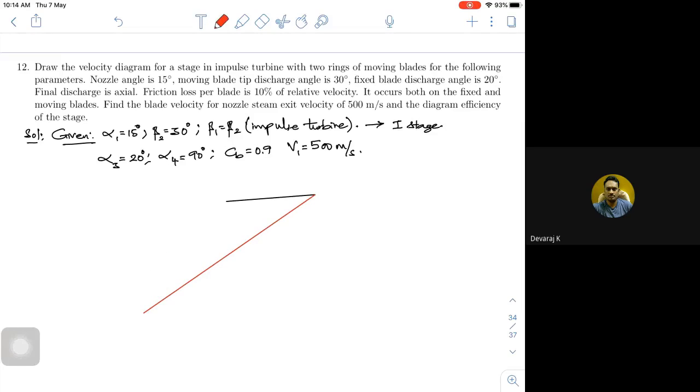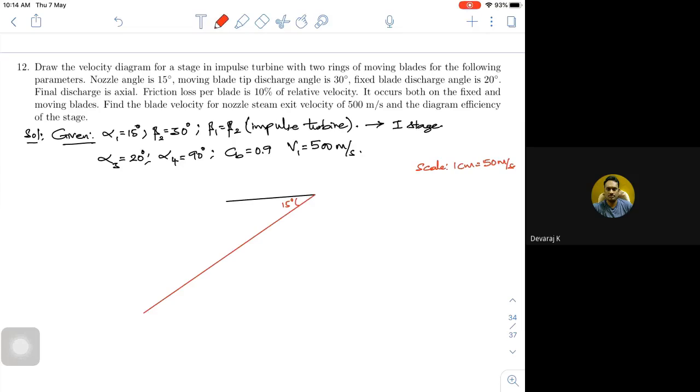This is 15 degrees. Once you get the 15 degrees, then you need a scale, since V1 is equal to 500 meters per second. Let's take a scale such that 1 centimeter is equal to 50 meters per second. If that is the case, this will be 10 centimeters. Or 1 centimeter is 100 meters per second, then this will be 5 centimeters.